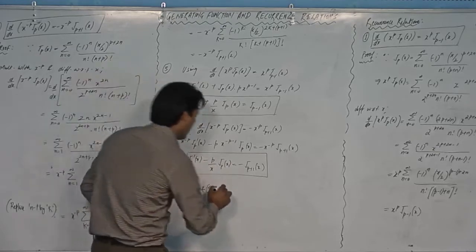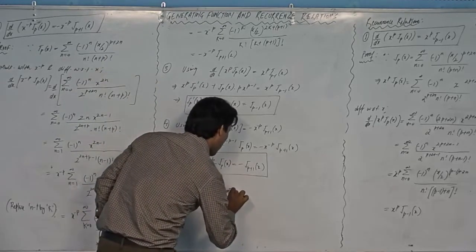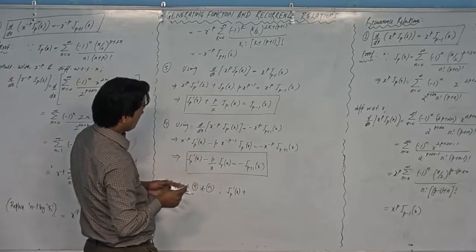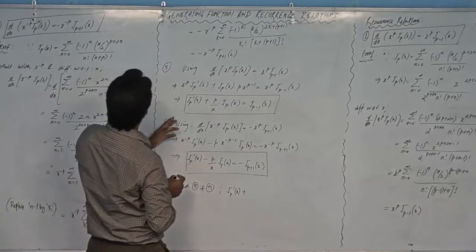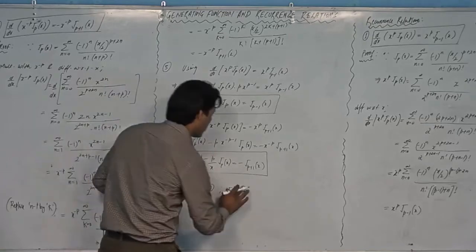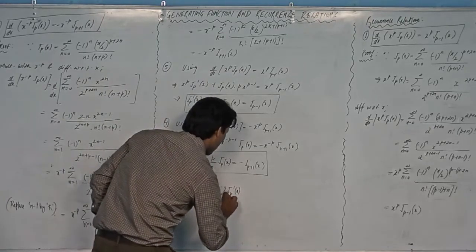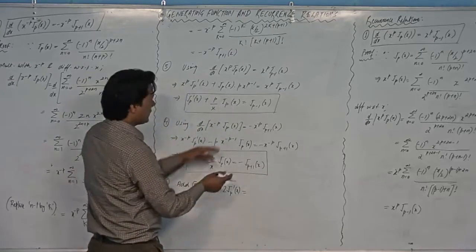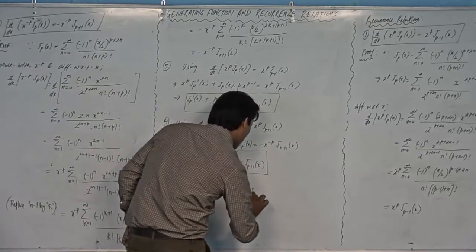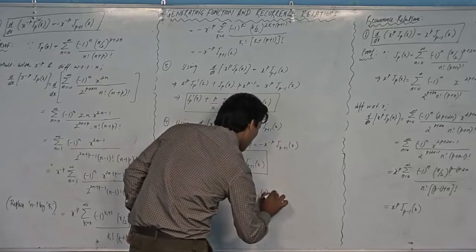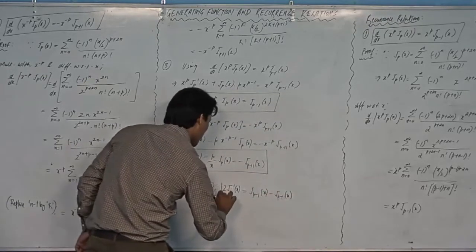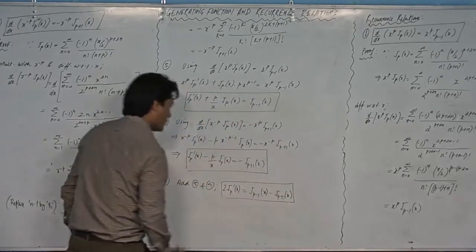So we will get J_p'(x) plus J_p'(x), both terms are the same, so twice J_p'(x), equal to the addition of these two terms, J_{p-1}(x) minus J_{p+1}(x). So this is a new recurrence relation, the fifth.